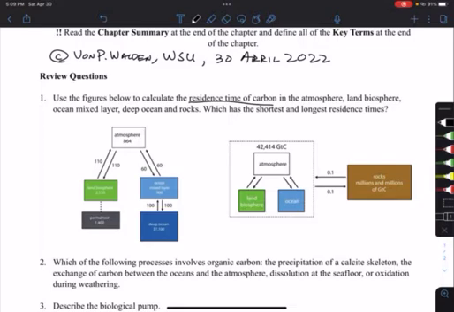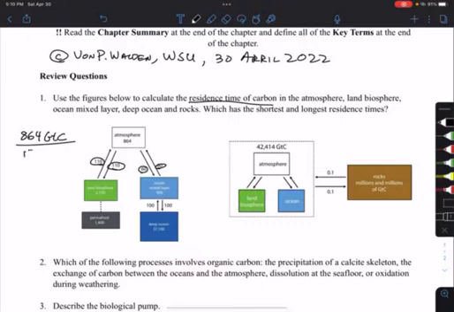And so as we know, to calculate the residence time, we need the reservoir value and the fluxes. The reservoir value for the atmosphere is 864 gigatons of carbon. The fluxes in are 110 plus 60, and the fluxes out are 110 plus 60.